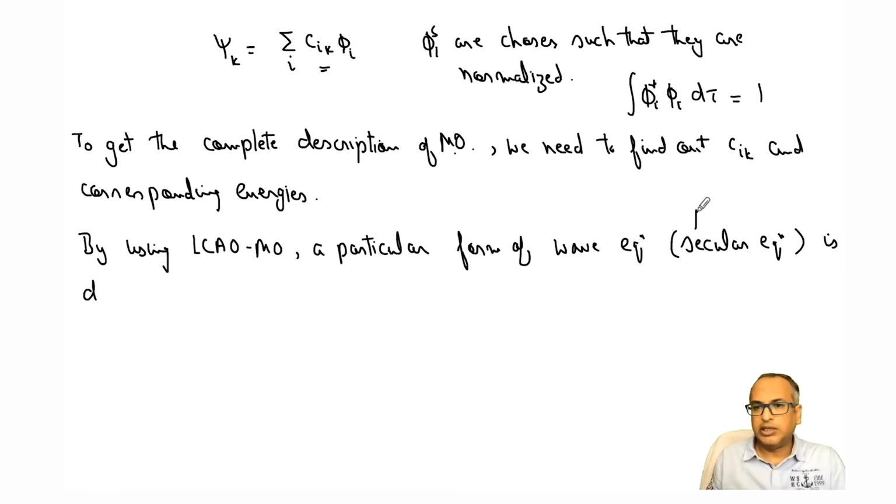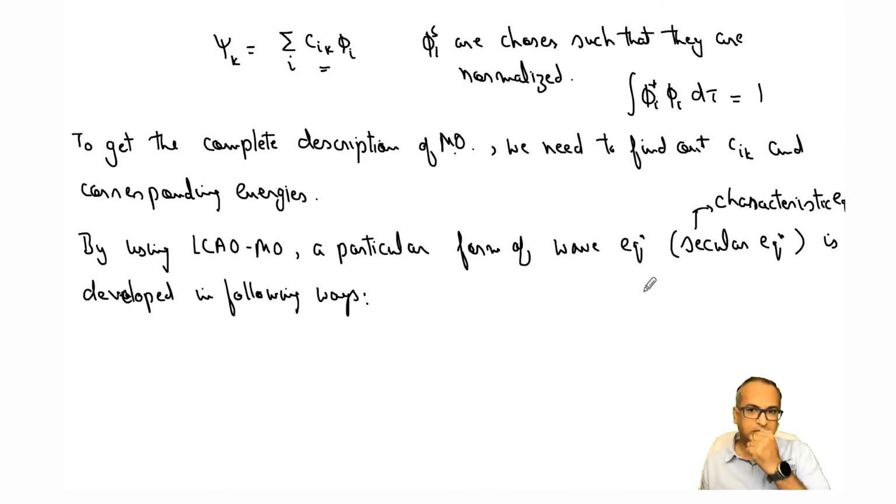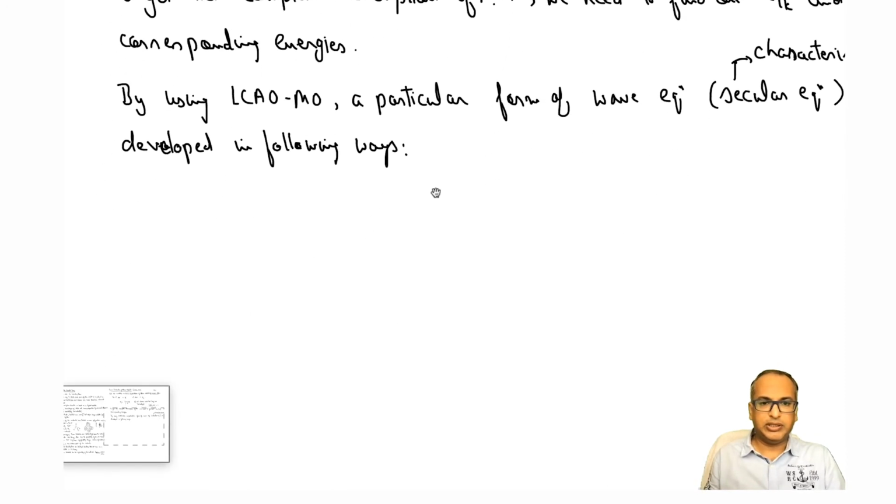In some books you will see that this is also written as the characteristic equation. So let us try to develop the secular equation which will be able to solve for the energies of different molecular orbitals and the coefficients required for this linear combination. So let's start.